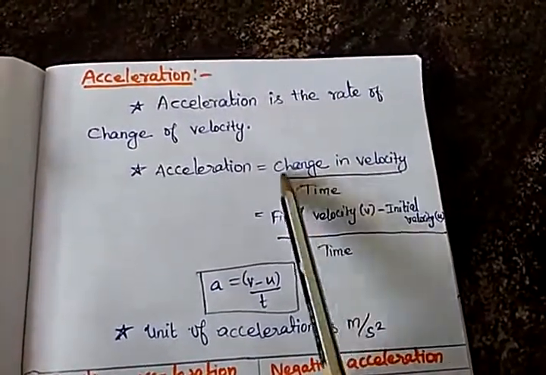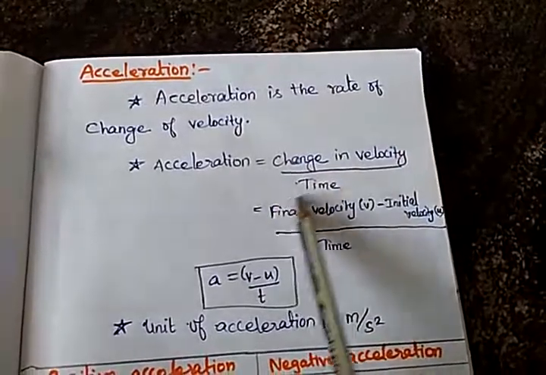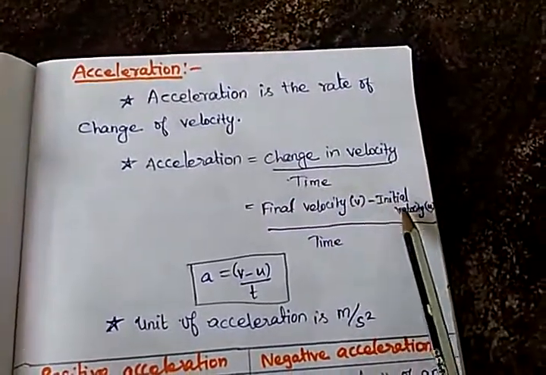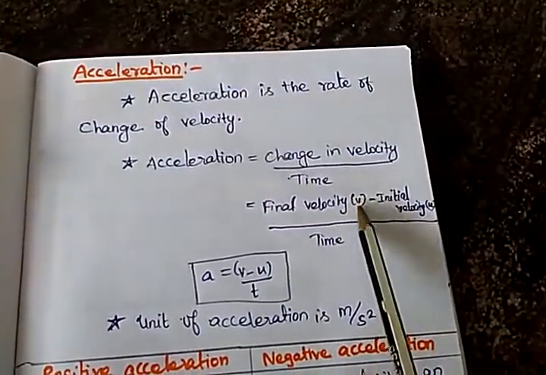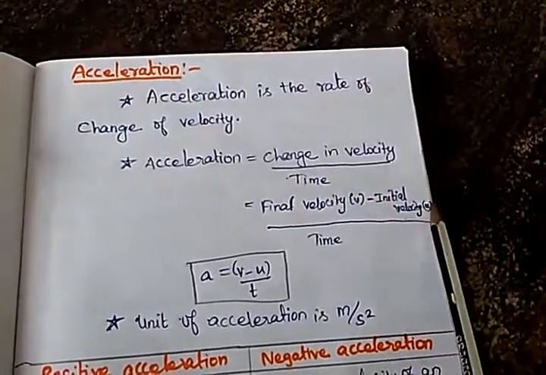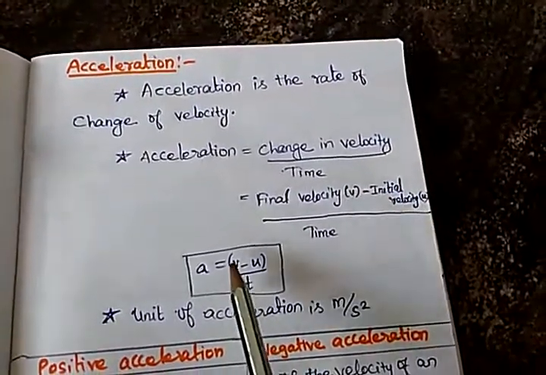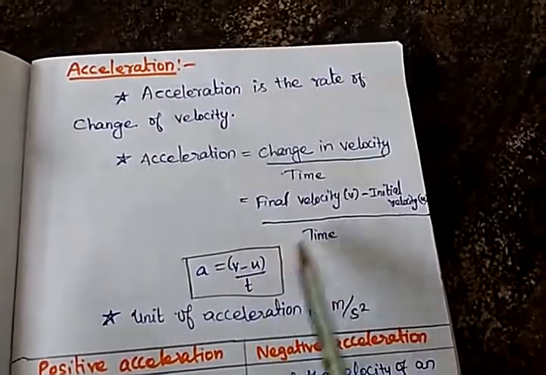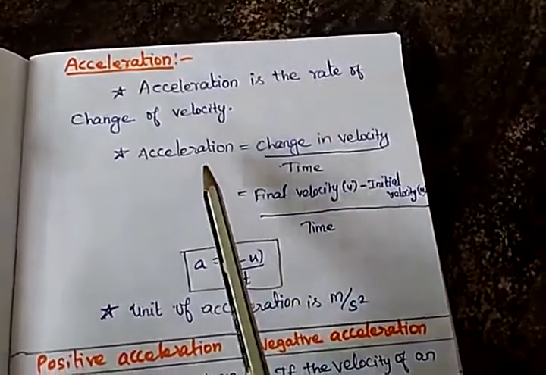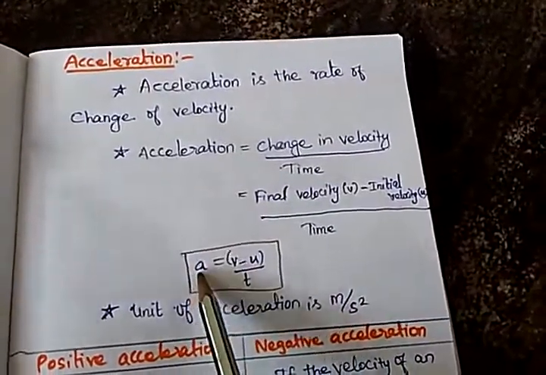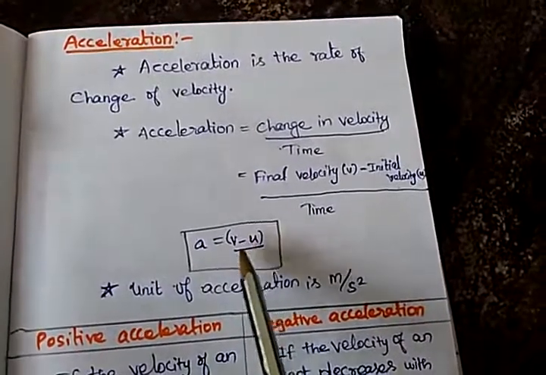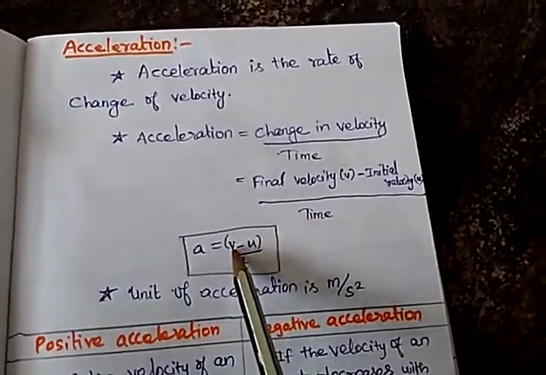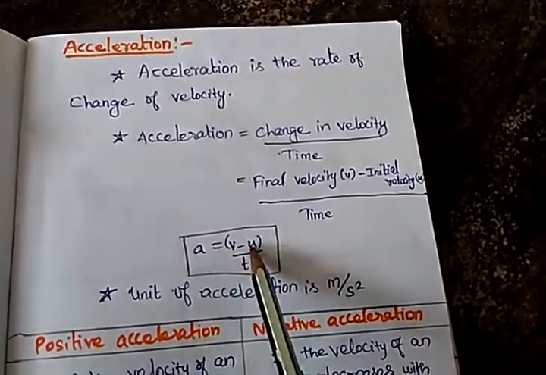What is change in velocity? Final velocity minus initial velocity. Final velocity v and initial velocity u, so we take v minus u, time t. Acceleration a is equal to v minus u divided by t. What is v? Final velocity. u is the initial velocity.